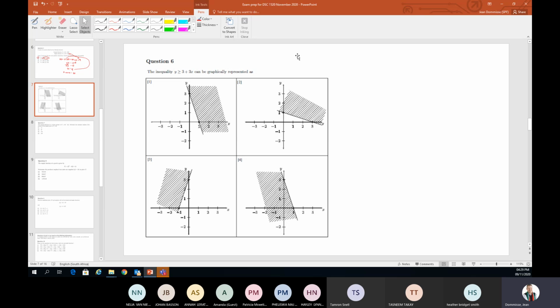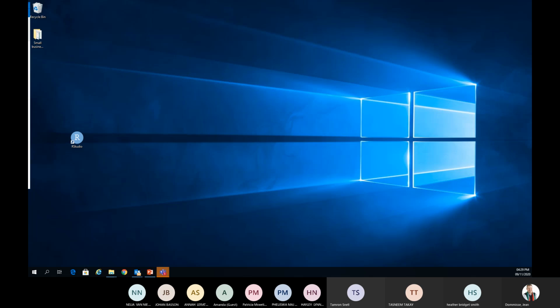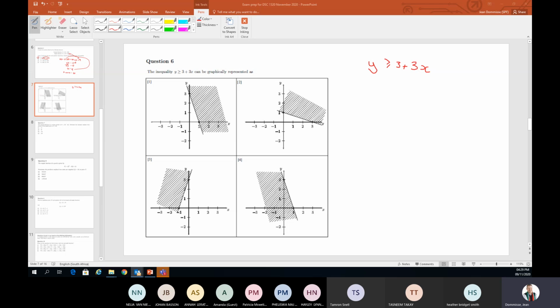But before we even do that, let's just say, okay, so this is my equation. Okay, so I've written that down so that we can quickly just get some of the cuts, because otherwise it's going to be difficult to get that.